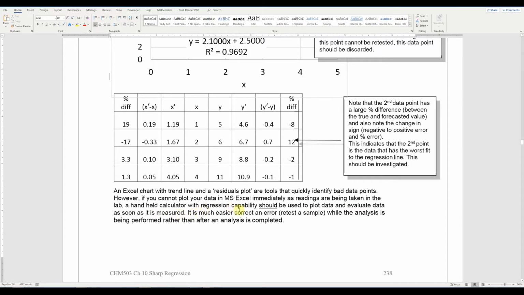It's much easier to correct a bad point, to retest the sample while the analysis is being performed, rather than after you've completed it and go to the computer. You can't access your samples, you can't repeat a sample. All you can do is decide, do I keep or discard the bad point?